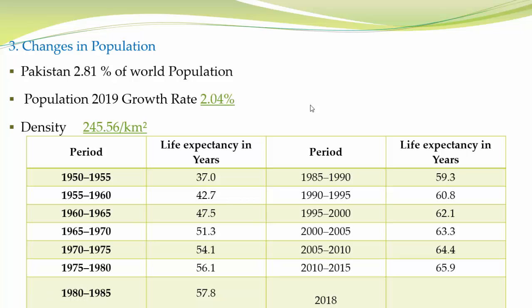We see that due to the increase in the population, one of the reasons, along with the birth rate, is the increase in the life expectancy as well, because the life expectancy was 37 years only between 1950 and 1955, and we see a continuous rise in the life expectancy right to 42, 47, 51, right back to 63 in 2000 to 2005, and by 2015 it was 65.9, which is now, according to the last survey, 67.5 years, according to the economic survey of last year.